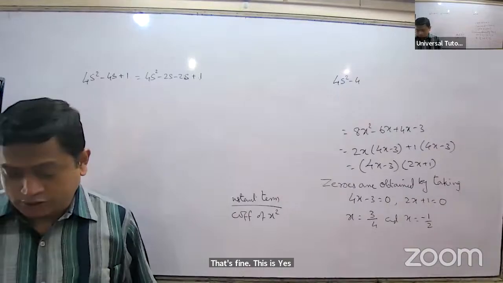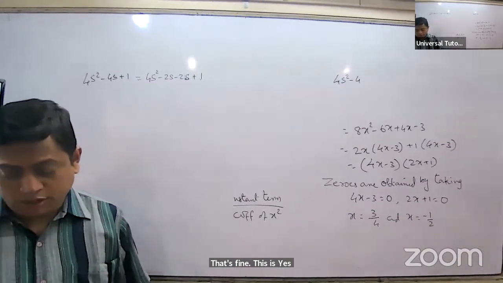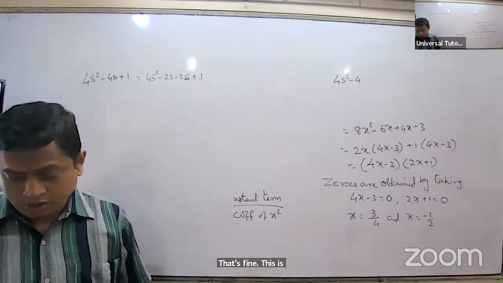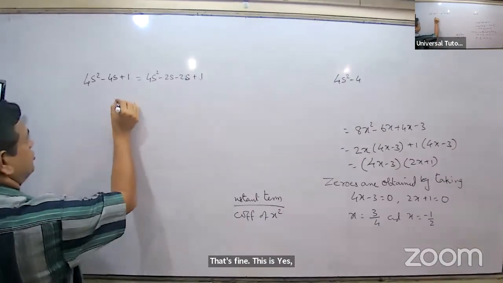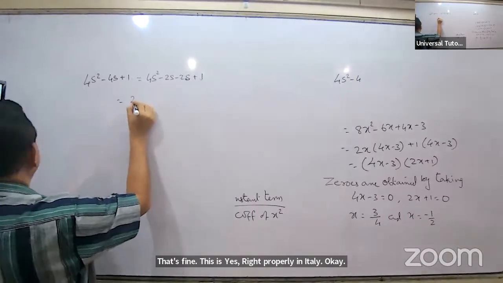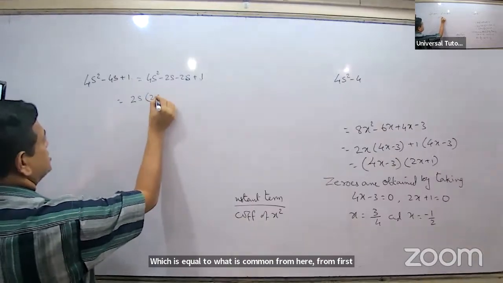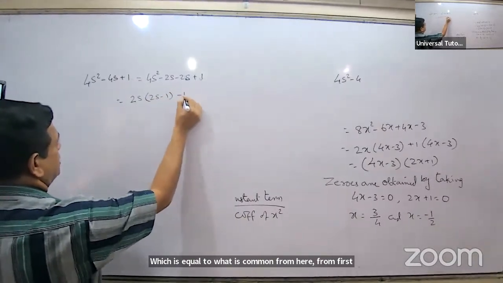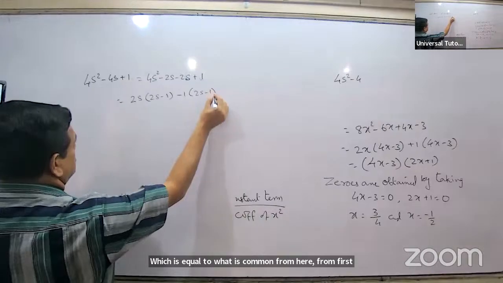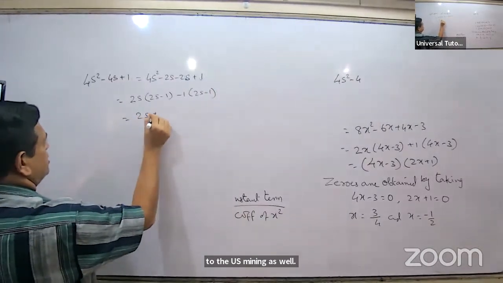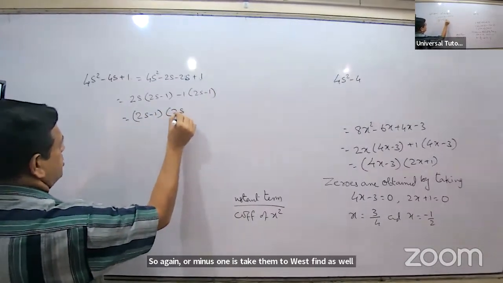If you are struggling to factorize, write properly and neatly. Which is equal to, what is common from here? From the first, 2s is taken common: 2s minus 1. From the second, minus 1 is taken: 2s minus 1. That is equal to 2s minus 1 times 2s minus 1.